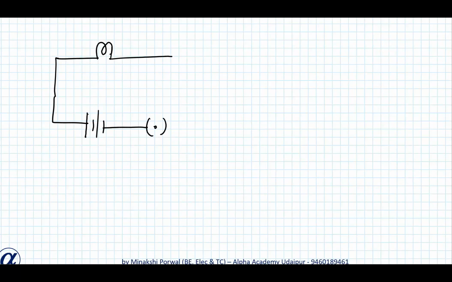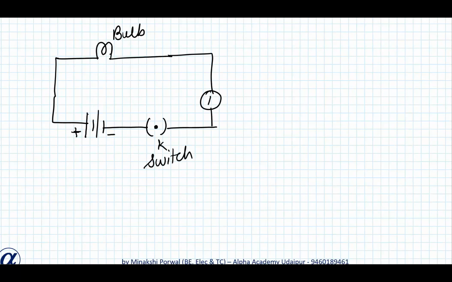So suppose there is an electric circuit. This is a battery. This is a bulb. This is a switch which is closed. And this is an ammeter.